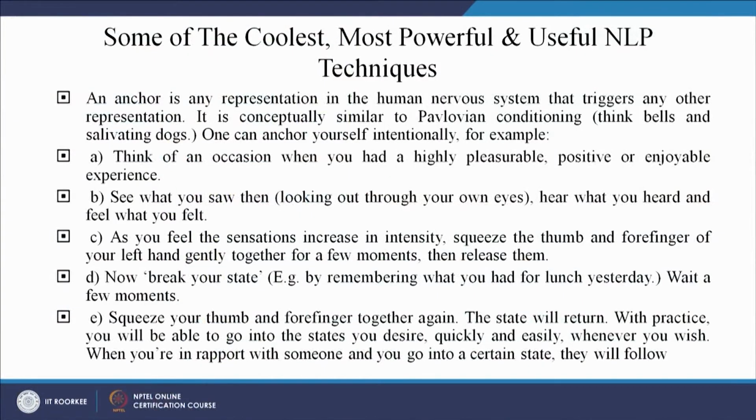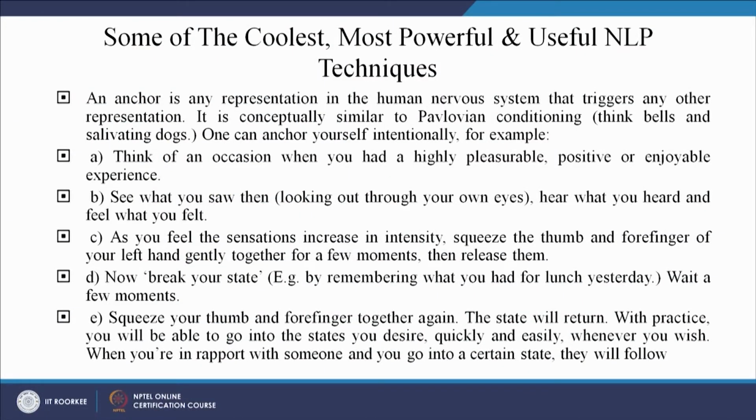Now break your state by remembering what you had for lunch yesterday. Wait a few moments. Sometimes you go completely blank. What is a blackout? All the switches of your mind get turned off. But it doesn't mean that you stop there. You start thinking, you try to revive, you come back to your original state. So squeeze your thumb and forefinger together again. The state will return.